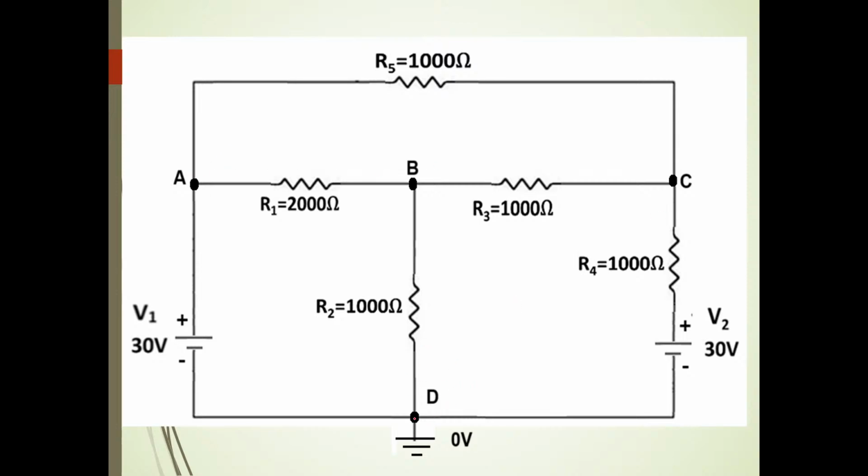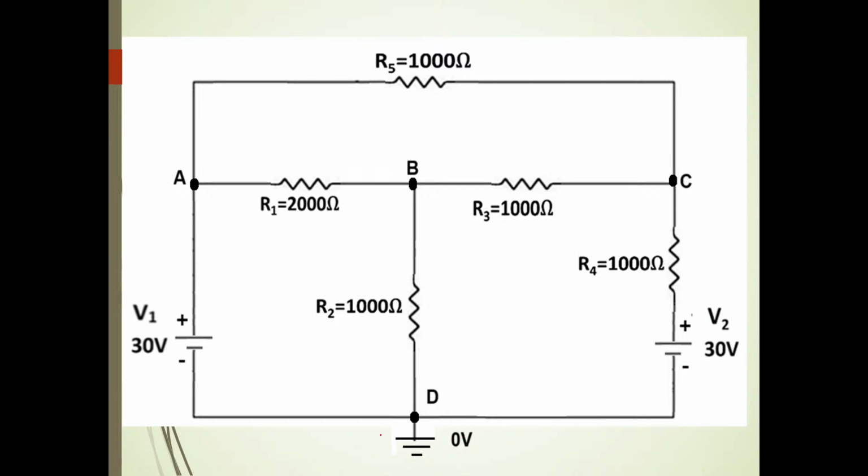So if you see at D, what is happening? From here current is dividing at this node. It is not a terminal, it is a node. So at node D, current is dividing, and part of it returns to the negative terminal of V1 and another part returns to the negative terminal of V2.